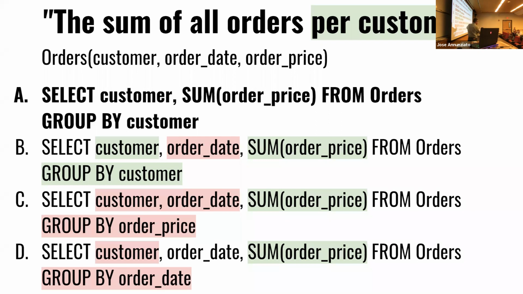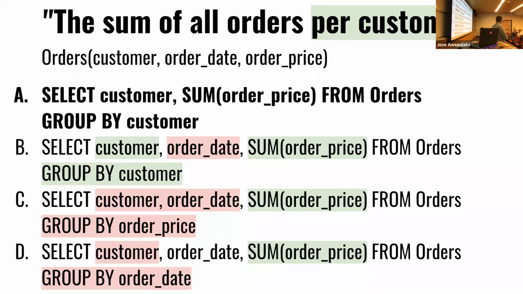This is kind of what we want, creating the buckets by customer. They both have the aggregation, we both are aggregating by order price. That makes sense. And so the last part that we're considering is the select clause, the projection here. And if you remember, when you're grouping, the only thing that could possibly go in the select clause is things that you've grouped by, and things that you have aggregated.